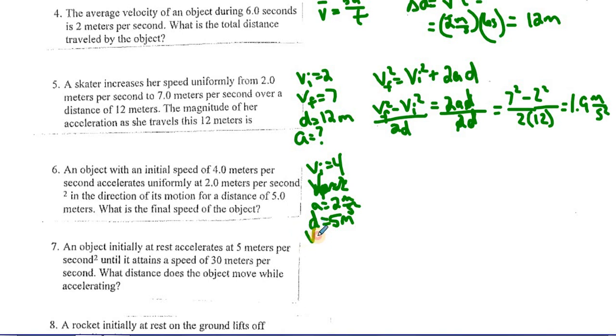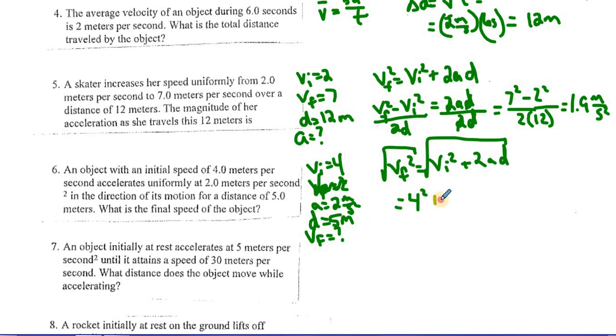Timeless equation, we're asked now for the final speed. So we're going to use the timeless equation, Vf squared equals Vi squared plus 2AD. And of course, algebraically, to get Vf by itself, just take the square root of both sides. Plug in some numbers. We have 4 squared plus 2 times 2, and that, of course, is under the square root.